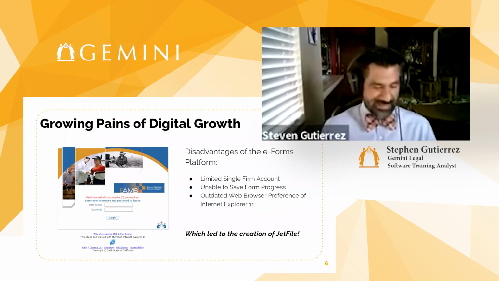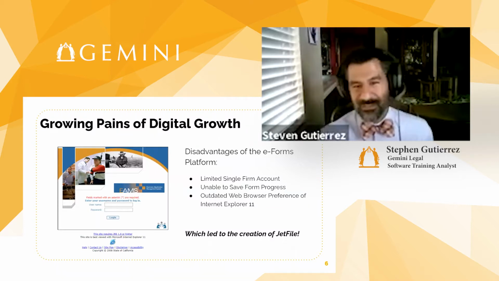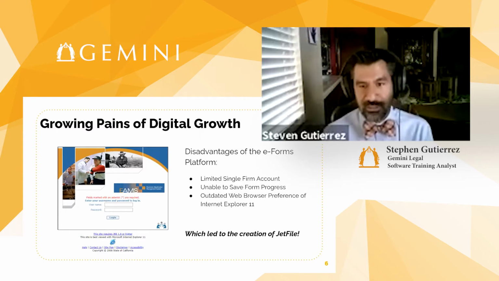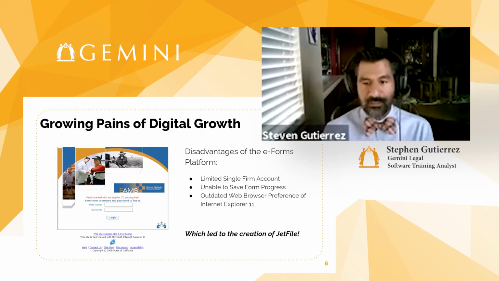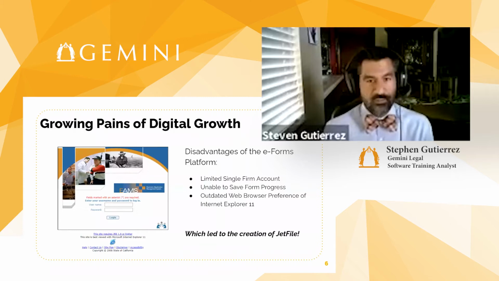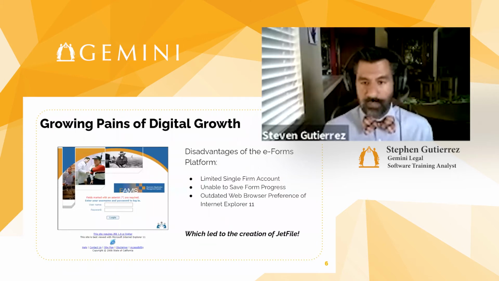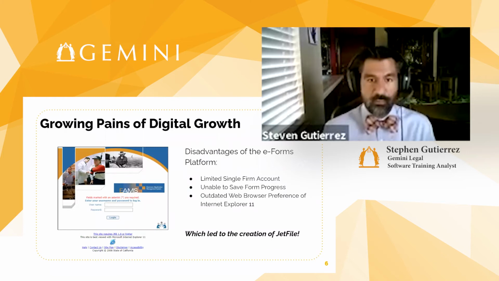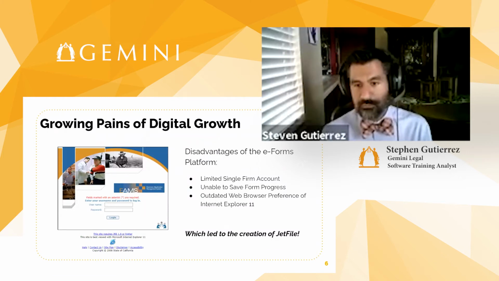It is true that with every advantage, there is always a disadvantage. The disadvantages of adopting an eForms account is that there is one firm account for your firm. So how about if you have multiple assistants, multiple employees performing activities that would require the use of that eForms account?